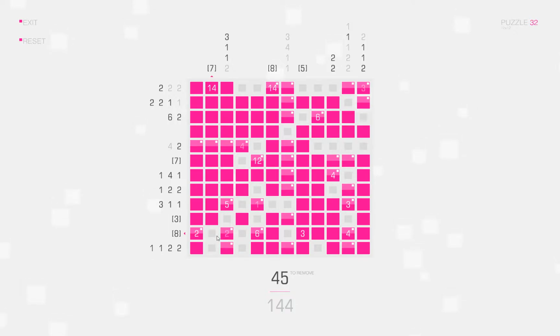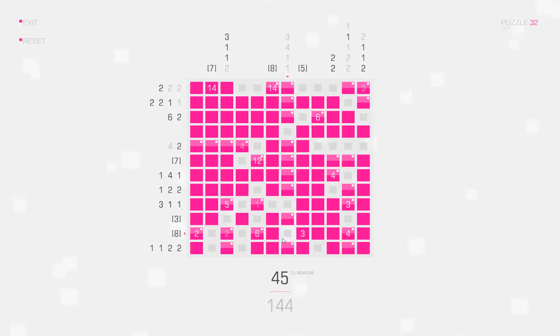So this was a 2. This was a 2. There could be one here and one there. Or this first one could be here. We don't know yet. It's a 12 puzzle, so we need to remove 4 on this line.